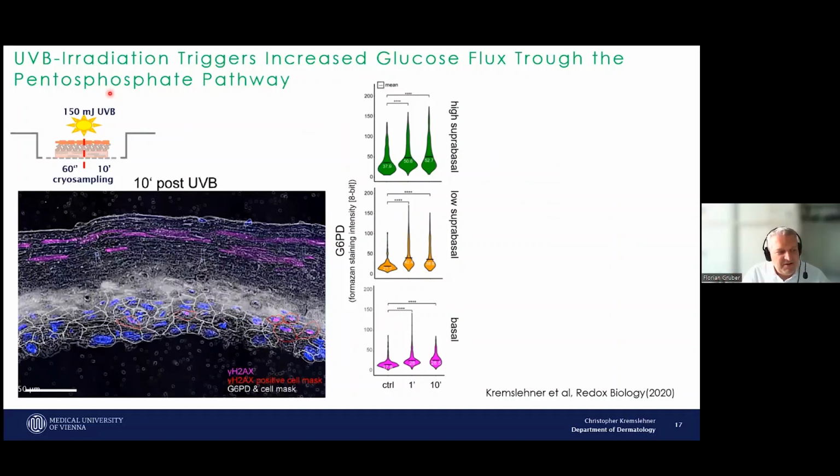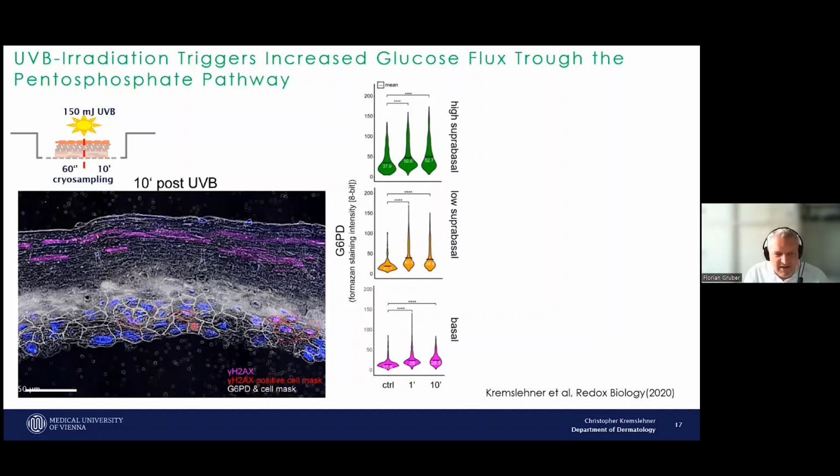This is a reported protective mechanism, because the PPP produces reducing equivalents which are needed for the antioxidant processes in the cell, and it also provides building blocks for DNA, for nucleotide synthesis, which is needed again for DNA damage repair.